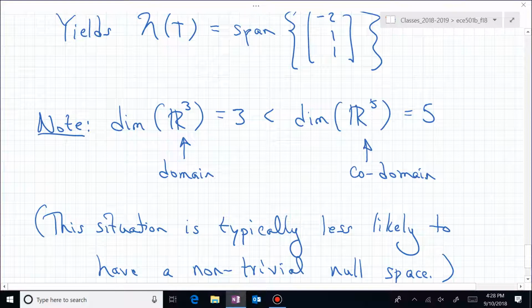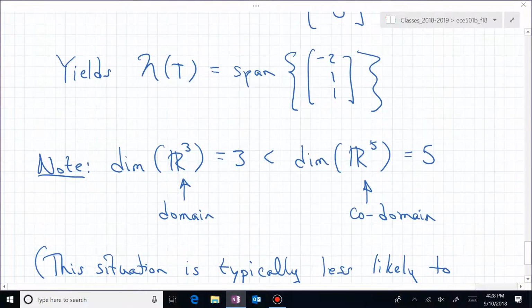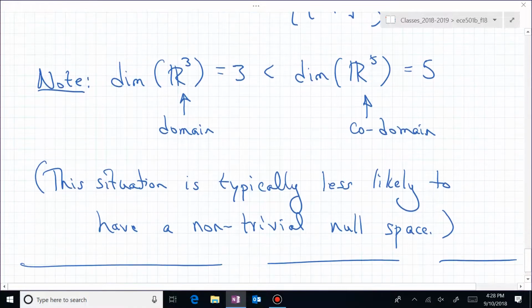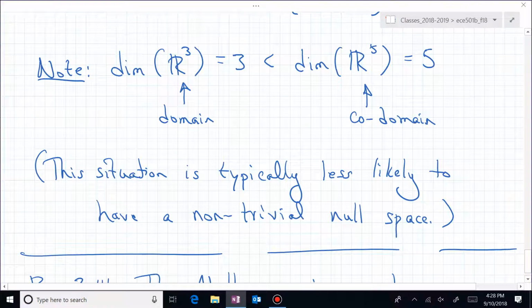The trivial case. So unless you have some sort of special situation, it's less likely for a linear map that takes a smaller dimensioned domain into a larger dimensioned codomain to have a non-trivial null space. That's all I'm trying to say there.